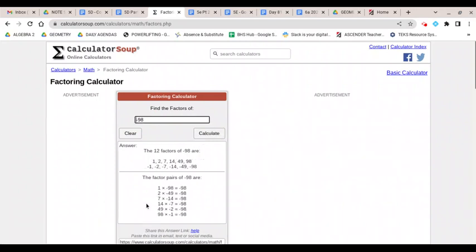As we go through all these factor pairs here, let's find the highest perfect square number: 1, 2, 7, 14, 49, 98. Well, 49 is the only perfect square number right there, and so we have 49 times -2.